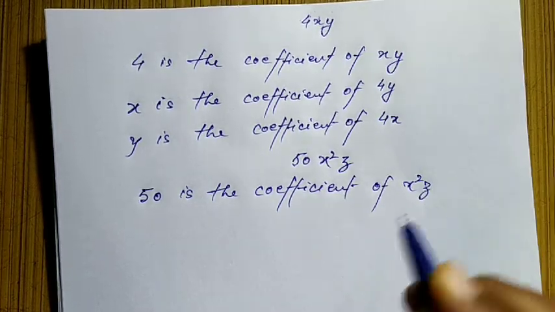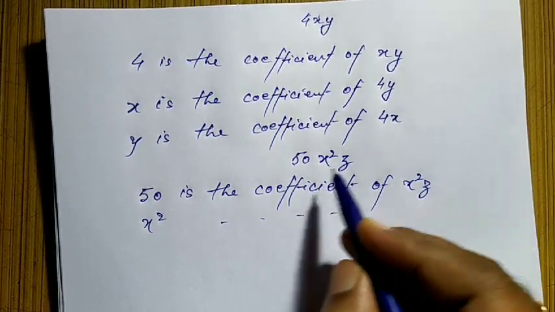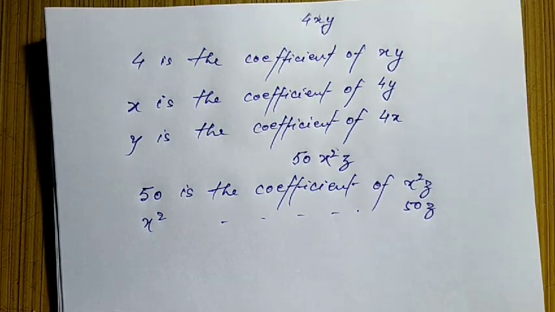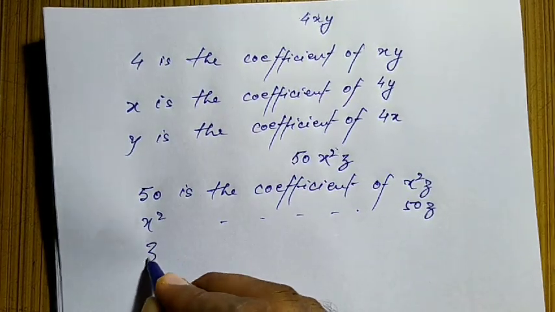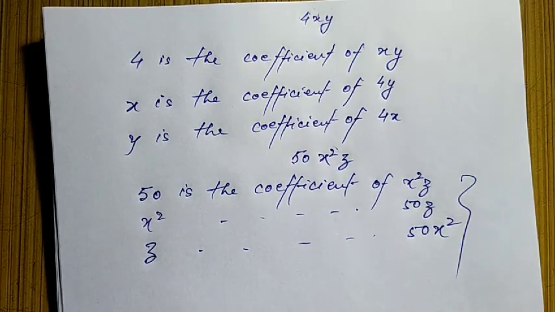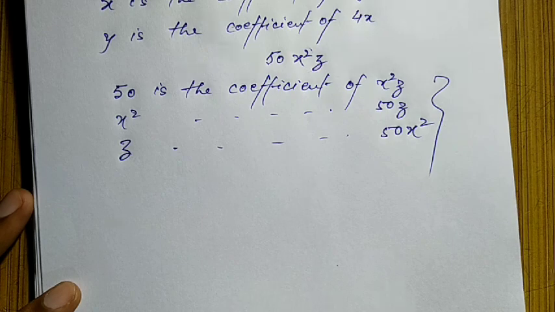X square z, okay. And x square is the coefficient of what? 50z, okay. And z is the coefficient of what? 50x square, okay. So very simple. Come to the next topic.